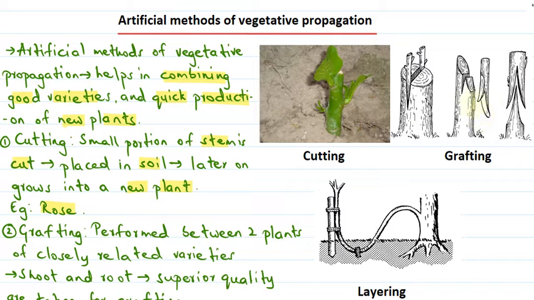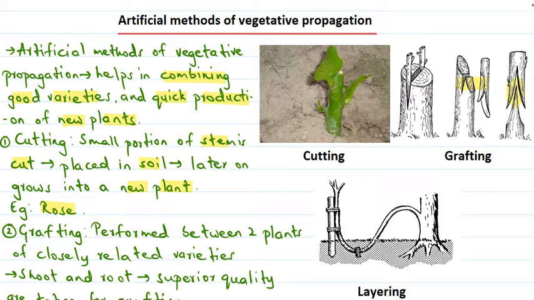They are tied together and later develop into a new plant, which will have the qualities of both the varieties. Okay. This can be performed in case of mangoes, etc.